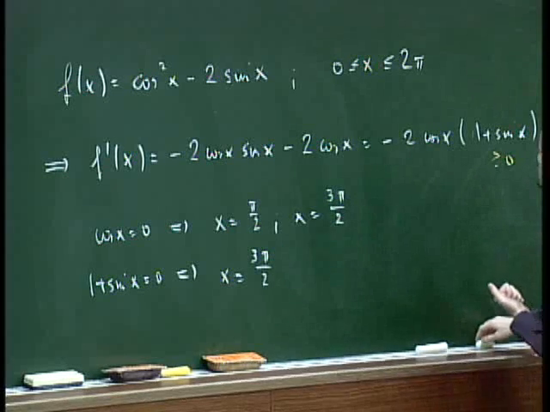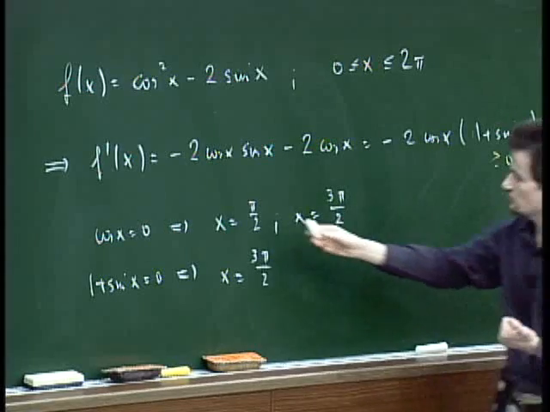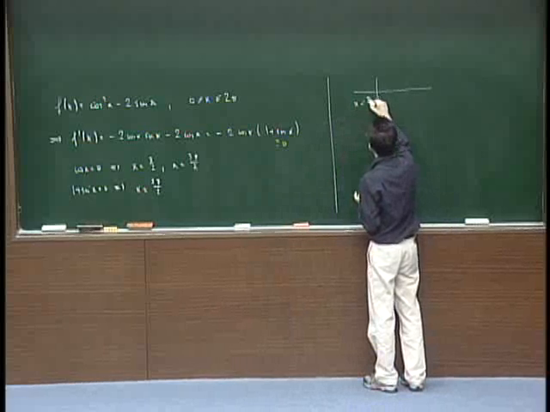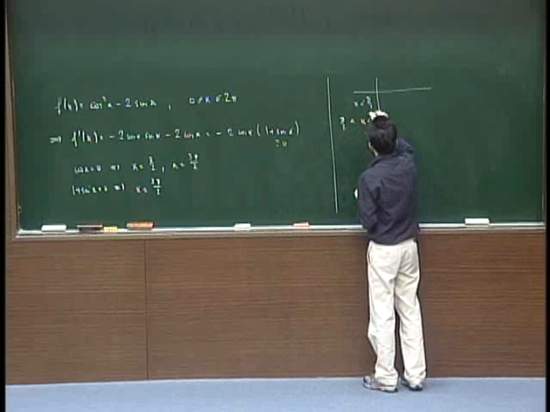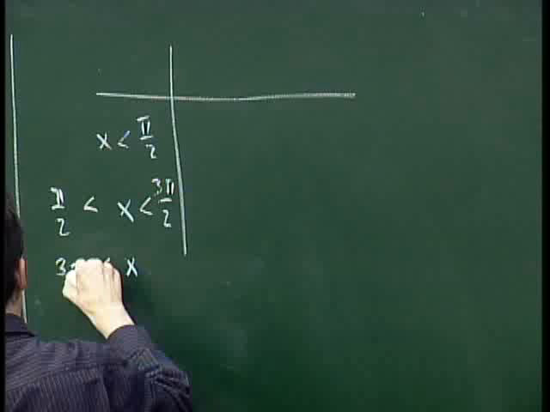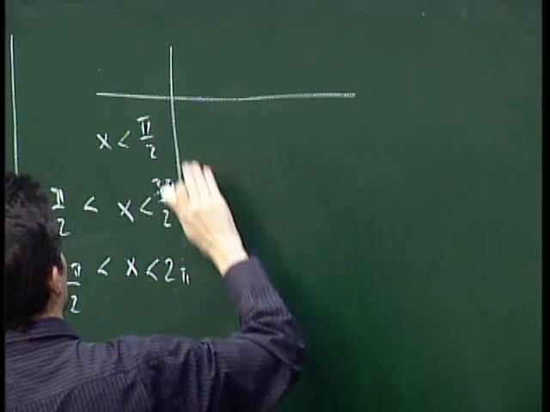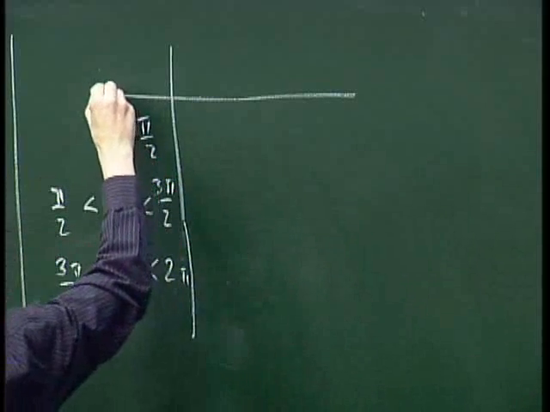In our textbook, the author suggests to make a table. So that's actually what I have done. If you have given those critical points, you have to consider the cases where x is smaller than pi half, where x is between pi half and 3 pi half, and x is between 3 pi half and 2 pi. Those are the ranges for x we are interested in.